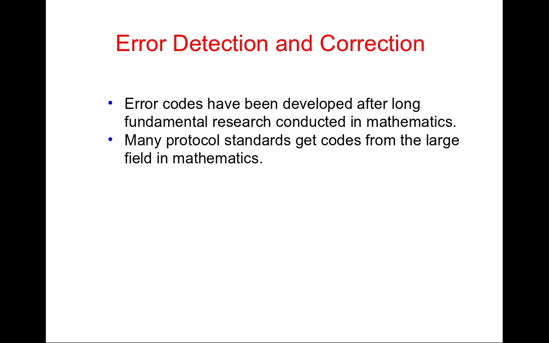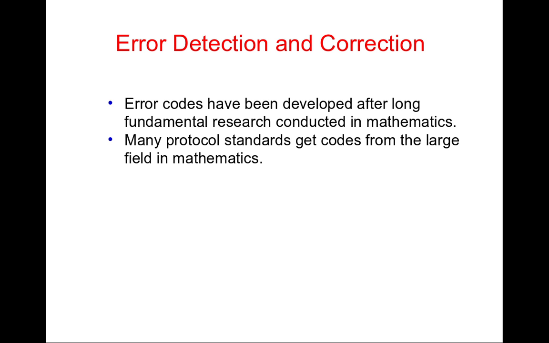Now those two codes, error correction and error detection, have been used here after long research in mathematics. Mathematics has given some great research, and based on that the codes have been developed and are being used here.